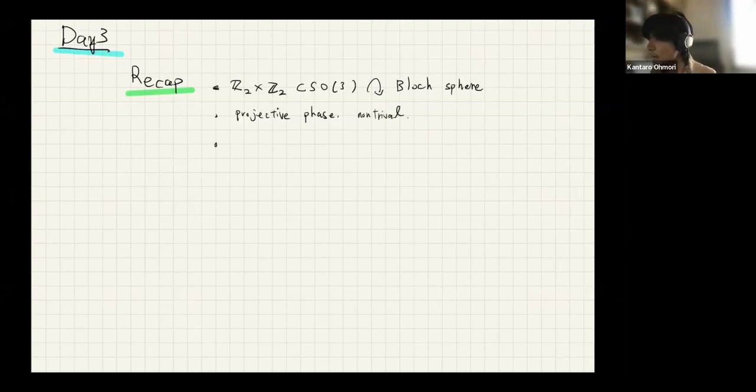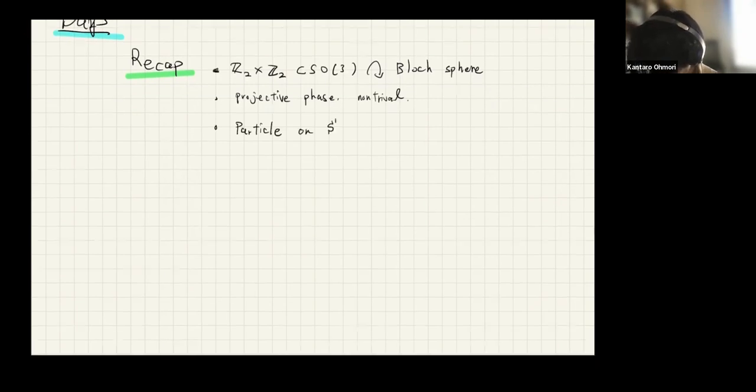And then we talked about this particle on S1 with magnetic flux through it.